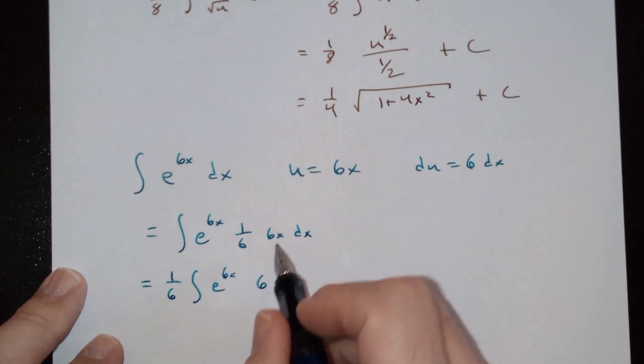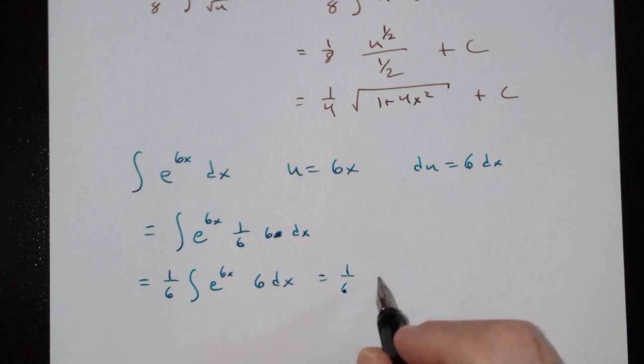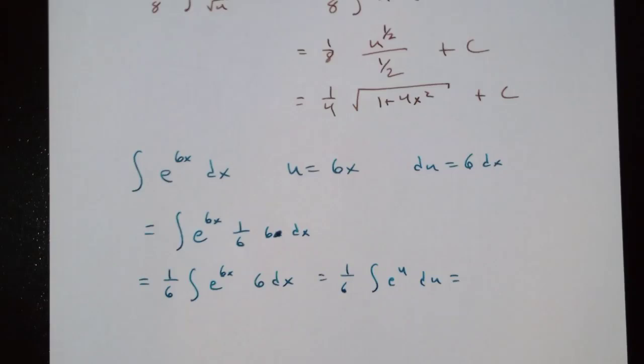Oop, there's no x there. There's just a 6. Careful. Got to put the right stuff down. Oh, okay. This is 1/6 integral e to the u du. What's the antiderivative of e to the u?